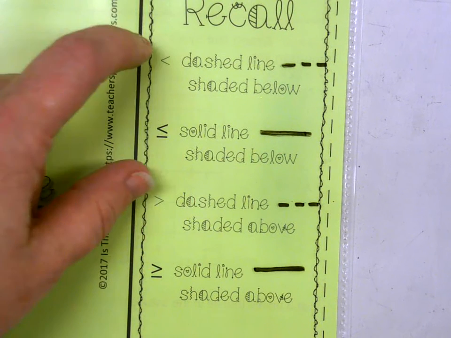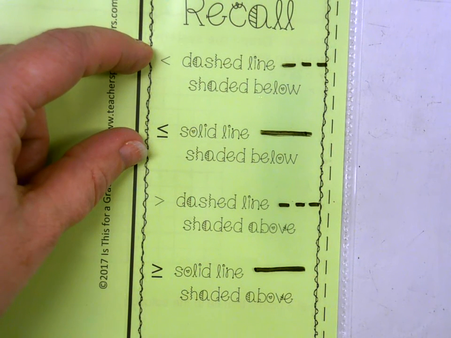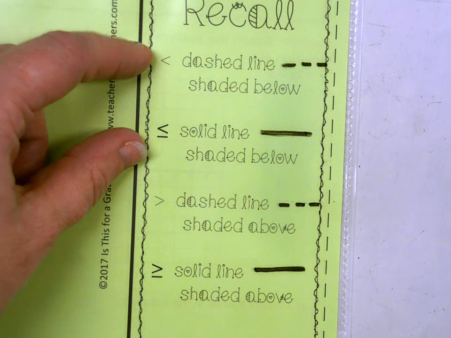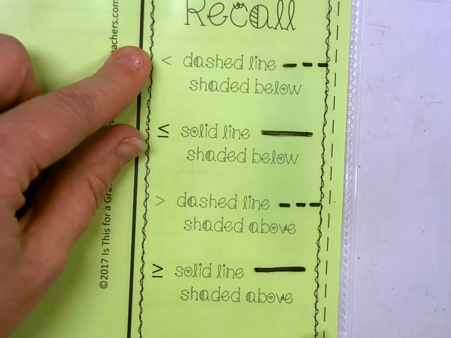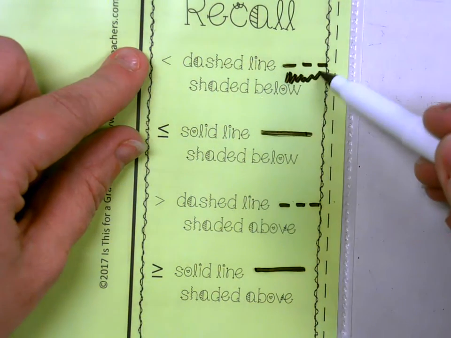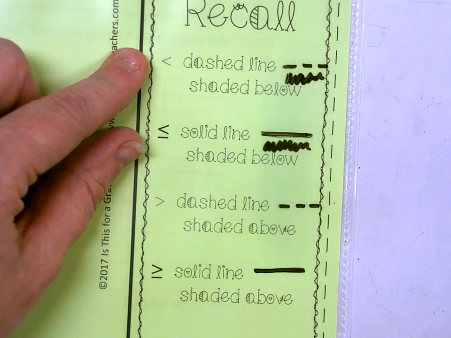And then the two less than symbols, the ones where the small end comes first as you're reading the problem, you're going to shade under the line or below the line. So you're shading down the y-axis.